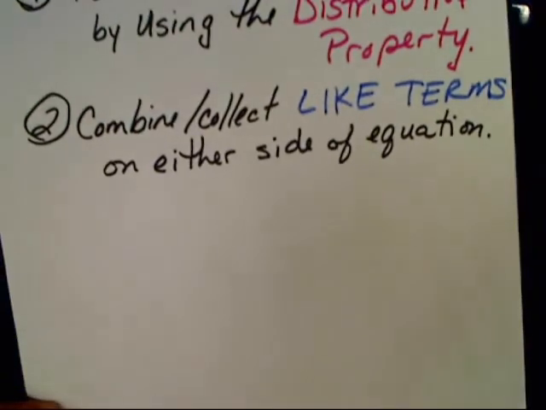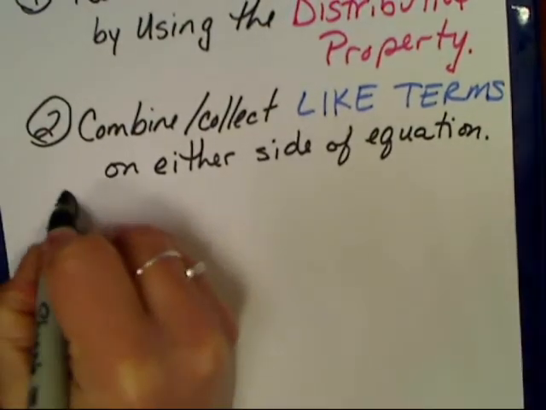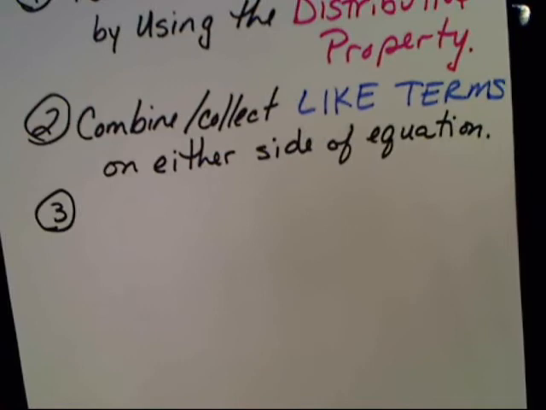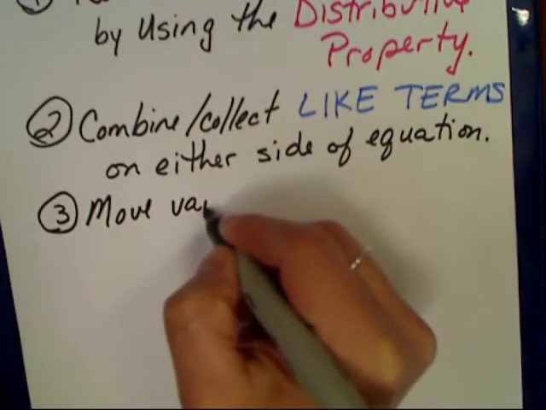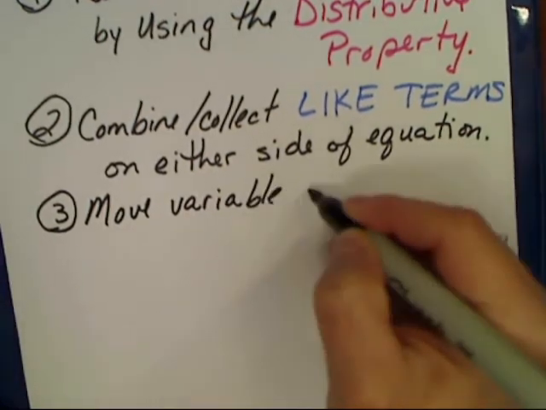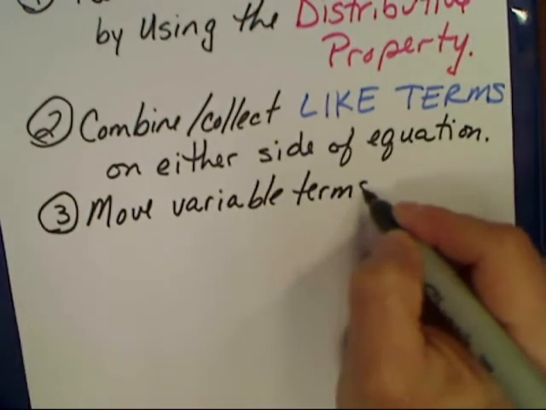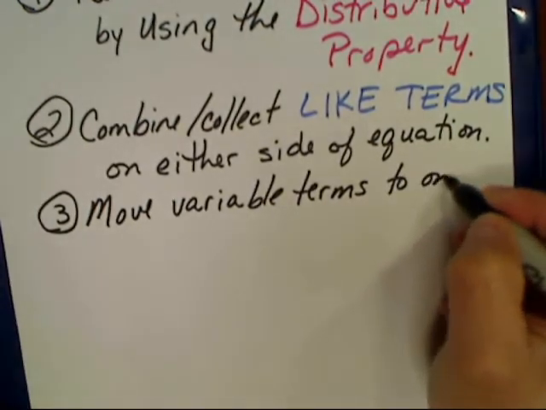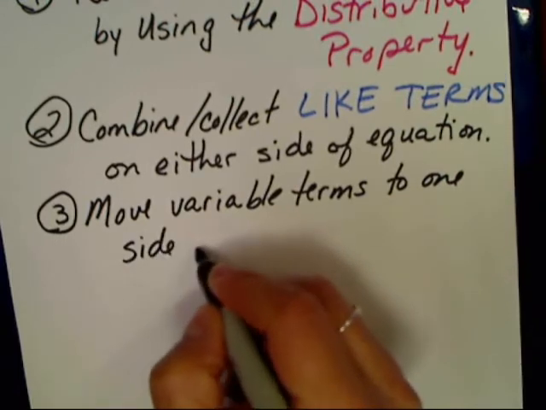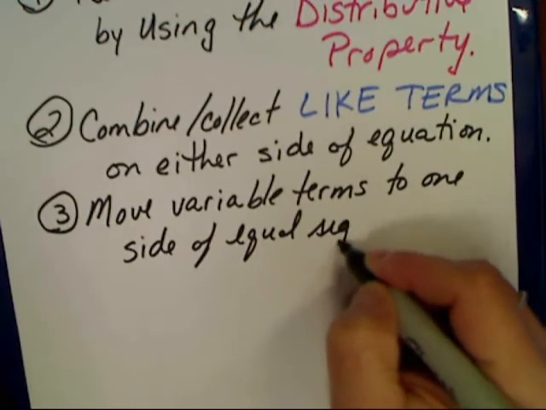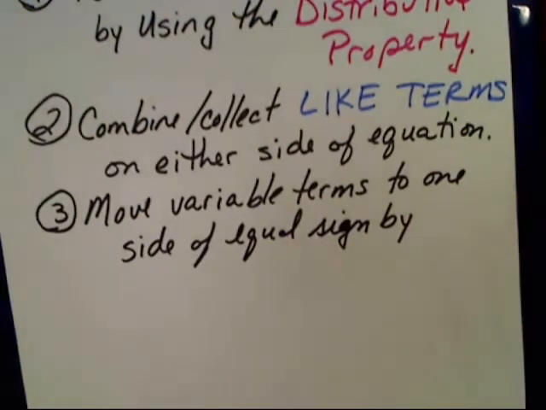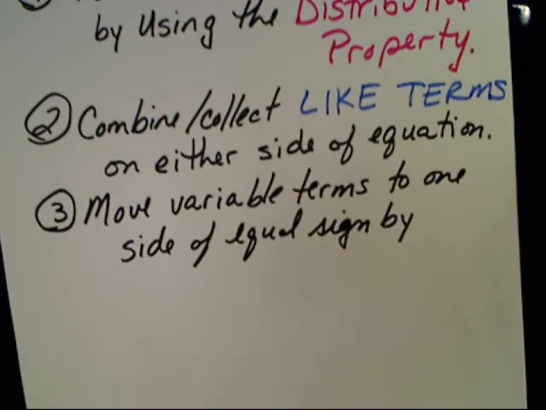Your third step is to move all variable terms to one side of the equal sign. Move the variable terms. Those are the terms with the variables. And we do that by using inverse operations.